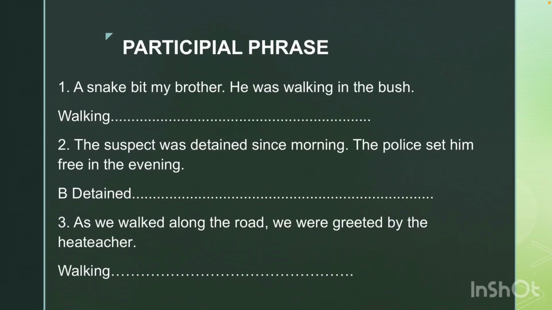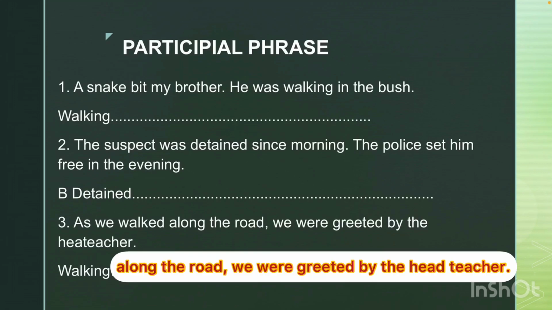What is coming after walked? It's along the road. So you connect that to your walking. Walking along the road, comma. Now ask yourself, who was walking along the road? As we walked, meaning we performed the action of walking. So the we is supposed to come just after the comma. Walking along the road, we were greeted by the head teacher.